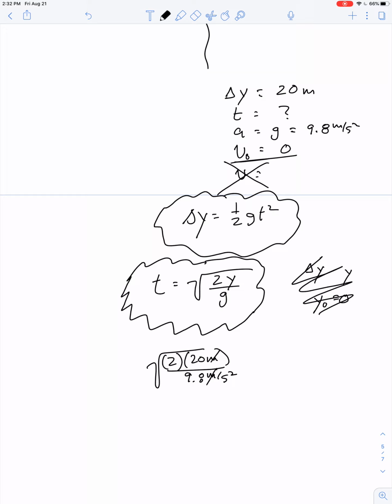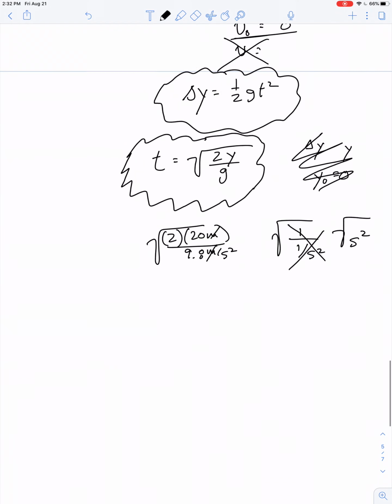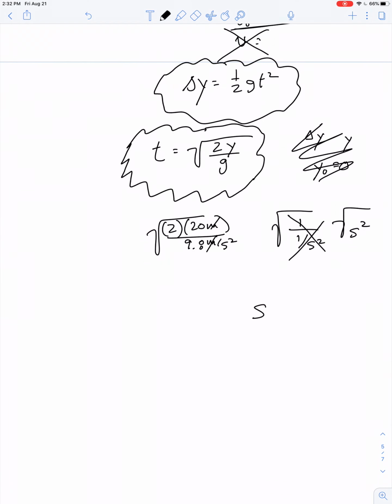The meters cancel out. Now we have 1 over the inverse of square seconds, which is just as good as having square seconds. Since we're taking the square root of all this, this is a good equation for solving for an amount of time because we get seconds as the units. If you reach for a calculator and figure out 40 divided by 9.8, then take the square root, this is very nearly 2 seconds.